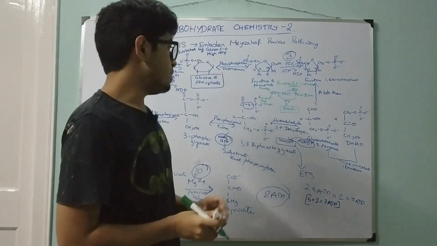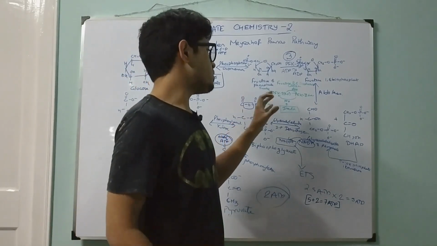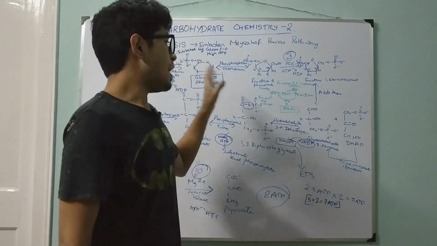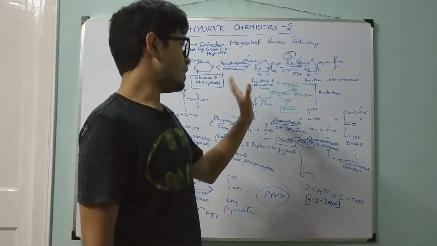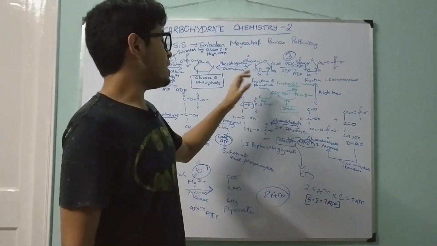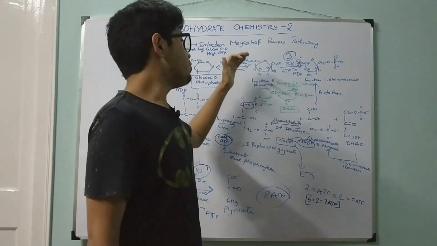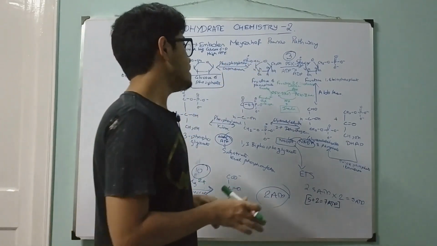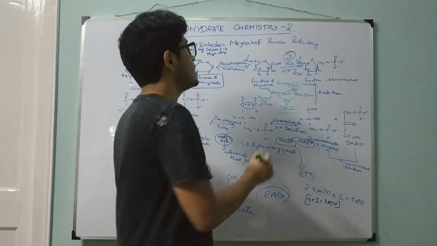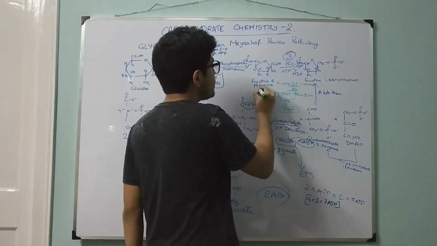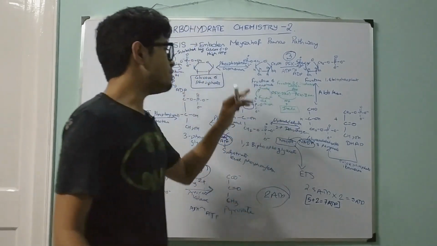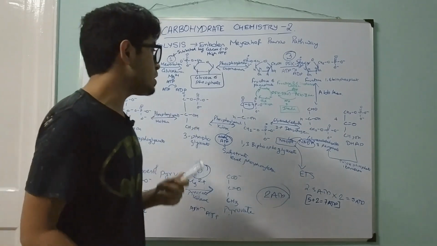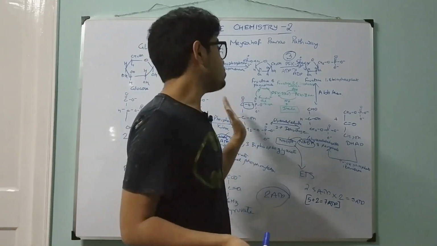Thereby, it converts phosphofructokinase 2 from its activated form to inactivated form, and therefore inhibits the conversion of fructose 6-phosphate to fructose 2,6-bisphosphate, and also stimulates the fructose 2,6-bisphosphatase activity, which converts fructose 2,6-bisphosphate back to fructose 6-phosphate.